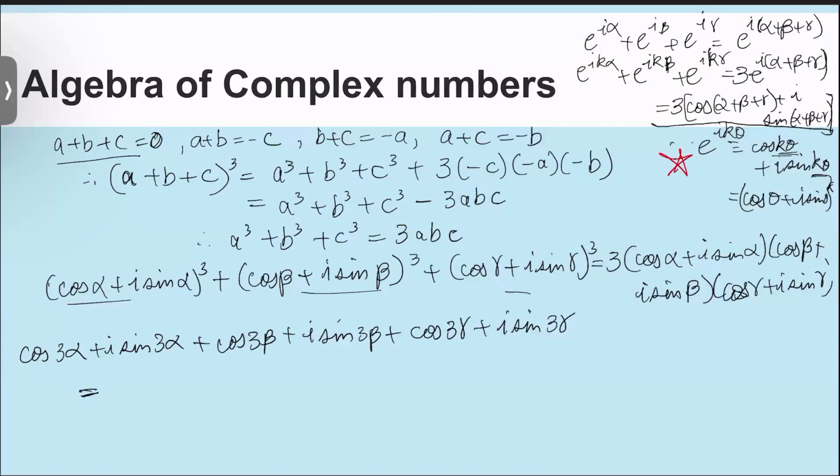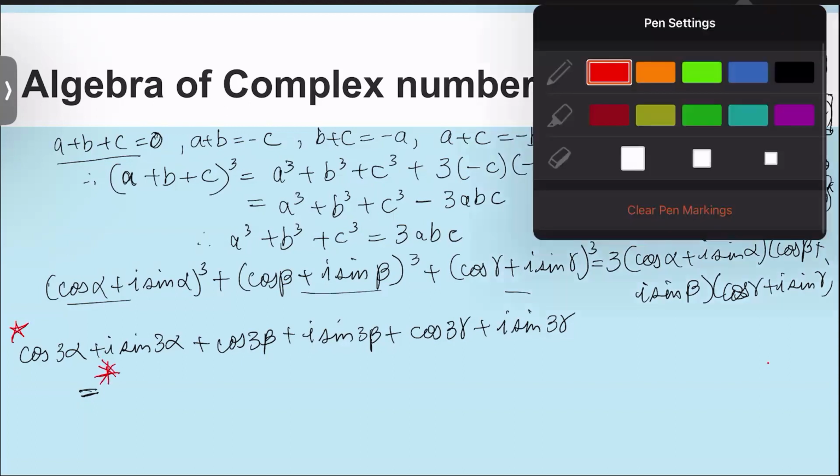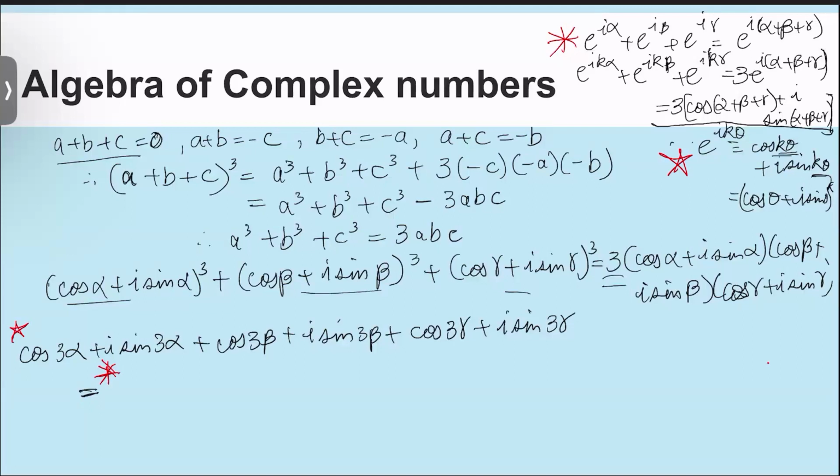This is the condition that we are using, and this is the second condition that we are using. Because of the asterisk condition, we can simplify this part as 3 cos (alpha plus beta plus gamma) plus 3i sin (alpha plus beta plus gamma).